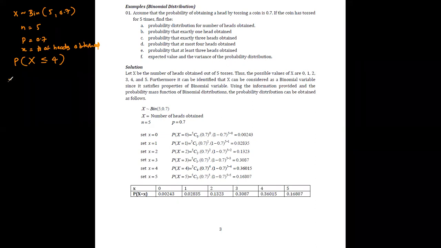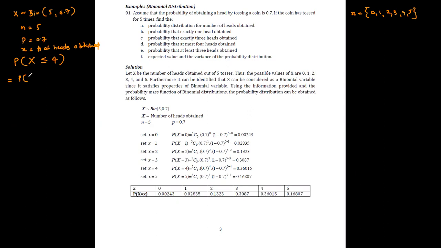Therefore, what we can do is consider the possible values where x is less than or equal to 4. What we know is the possible values of x are 0, 1, 2, 3, 4, and 5. So we can find all the possible outcomes here. It is the summation, since it is given as a cumulative distribution function.